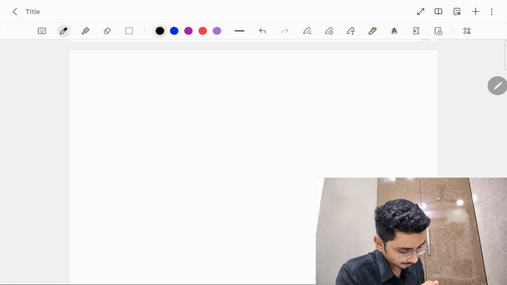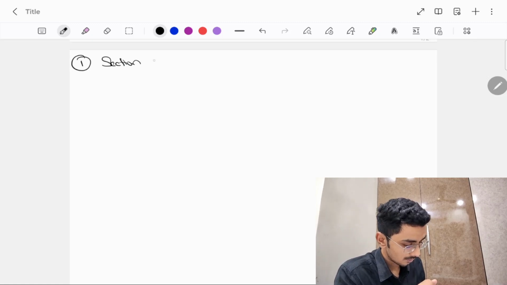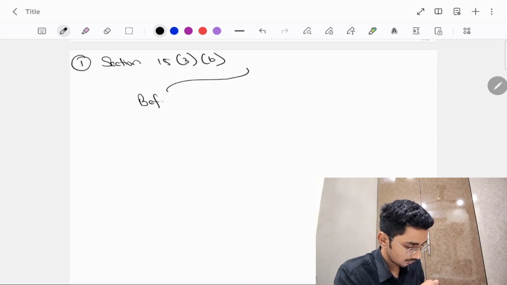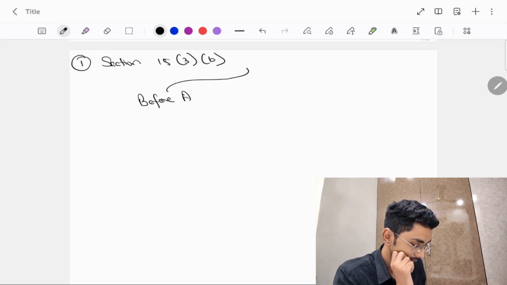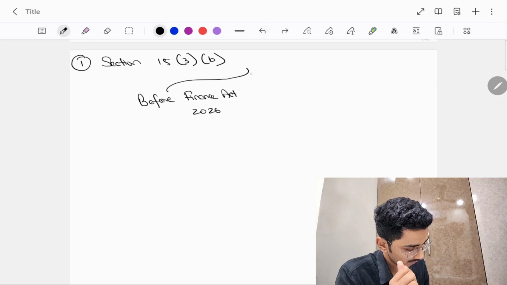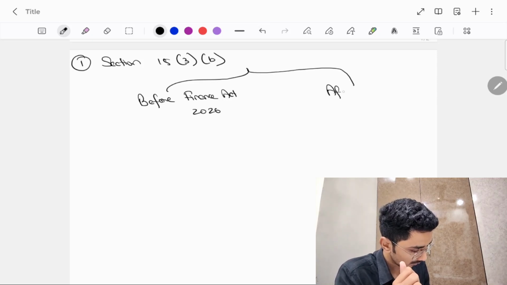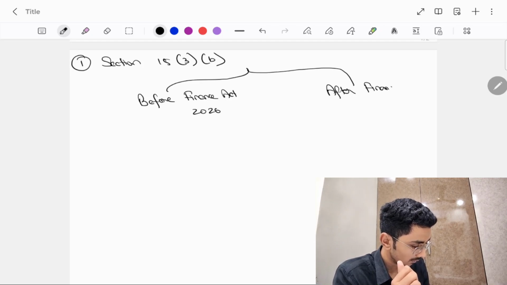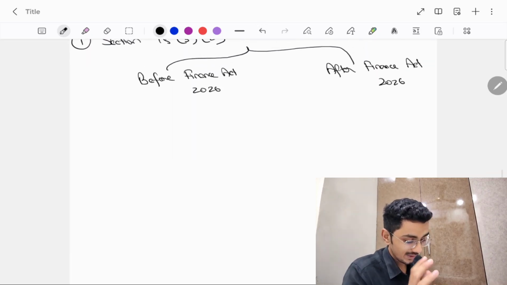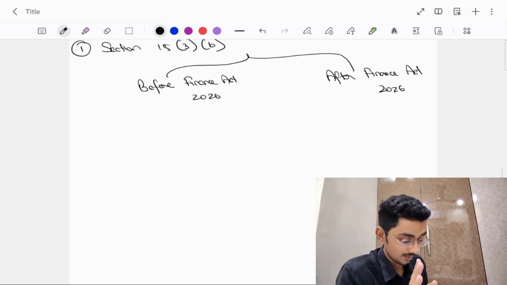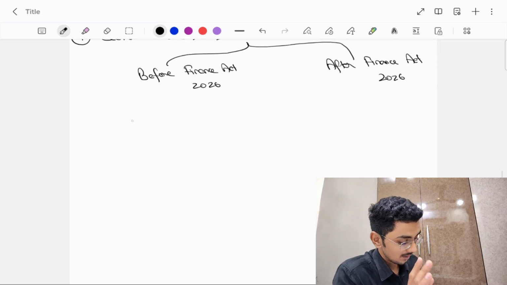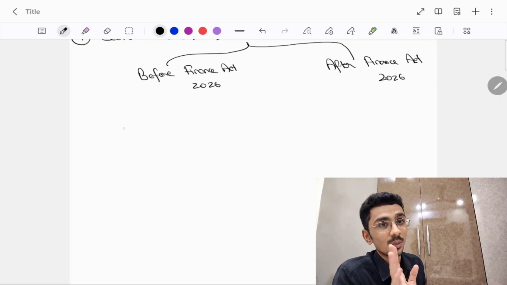First one, before Finance Act 2026, in 15 subsection 3 subsection B, there were two conditions which are to be satisfied in case you want to reduce your value.